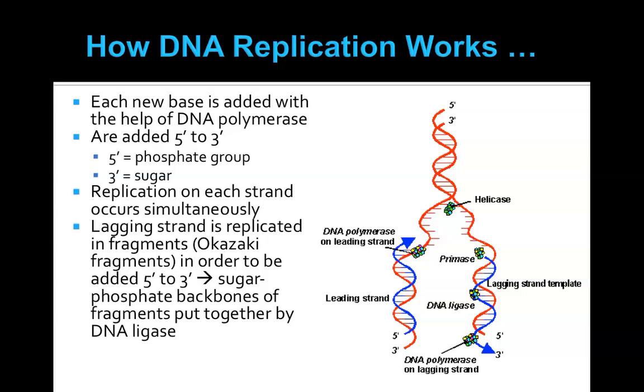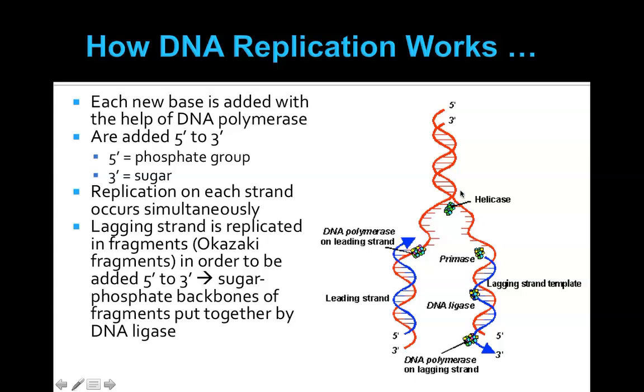Okay? That's going to complicate this situation just a little, because your DNA polymerase can only add a new nucleotide to a free 5' end. Okay, meaning that that phosphate has to be available to bind the next sugar.